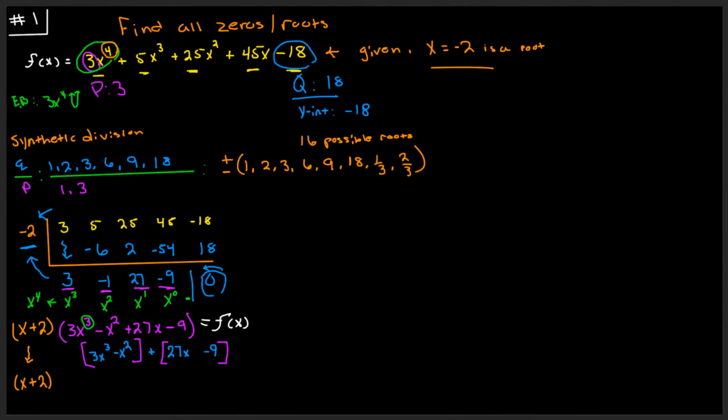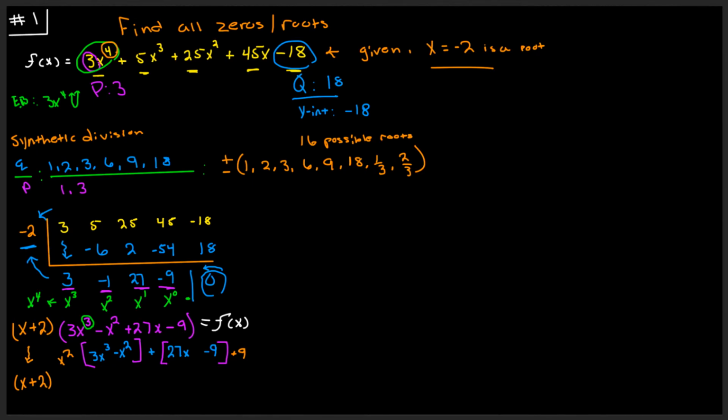Well, you can see we can pull out x squared from that term. And from this set of terms over here, we can pull out positive 9. Then you take and add these terms together.